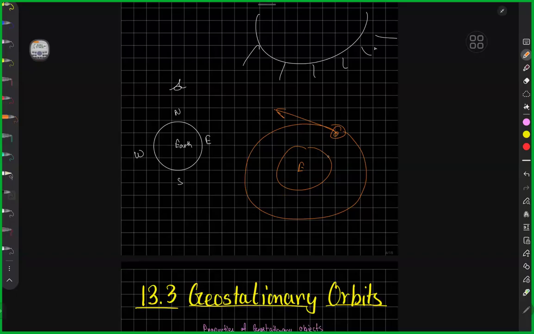It just starts with 0, increases, increases, and right over there, it finds the orbital velocity and stays in orbit. It starts seeing that the gravitational force is providing my centripetal acceleration. So that's how it goes in orbit.